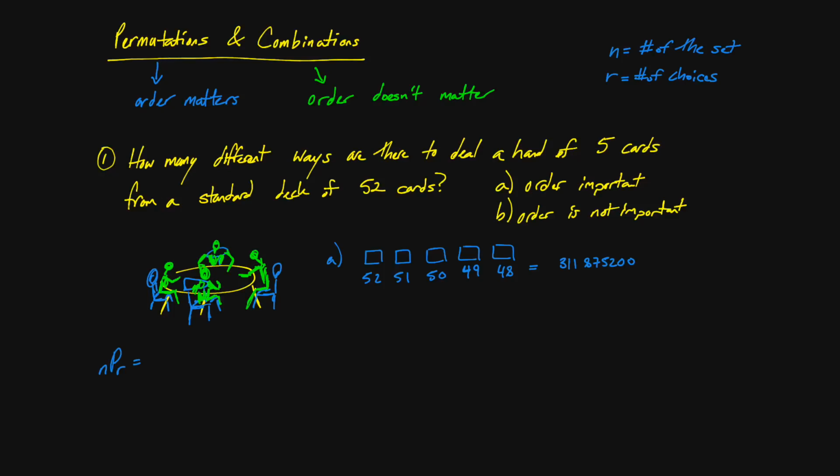So I would end up writing nPr as 52P5, with the choices being 5. Now, you may automatically recognize this as a function in your calculator, and you can do that. But I am going to go through how we actually calculate that.